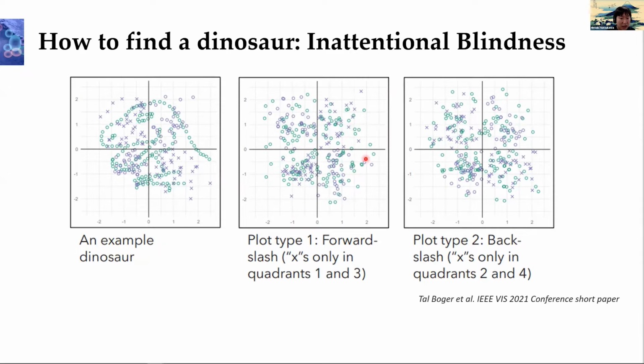In the case of the middle figure, the blue crosses are located in the first quadrant and the third quadrant. In the right figure, the answer is the second quadrant and fourth quadrant. And in this example of the dinosaur, the answer is the same: we can see the blue crosses in the second quadrant and the fourth quadrant.